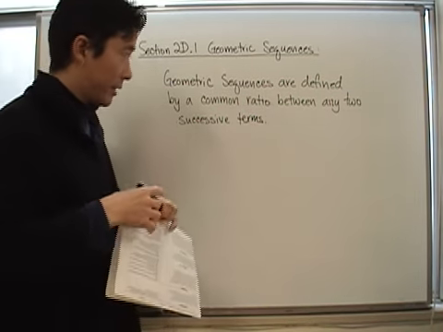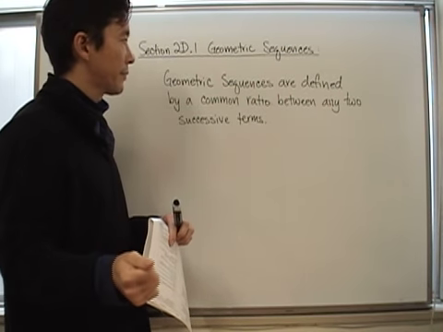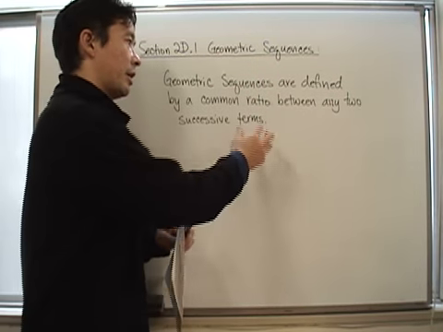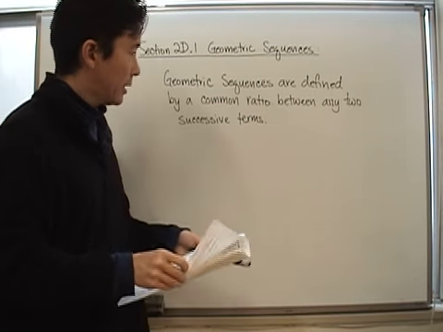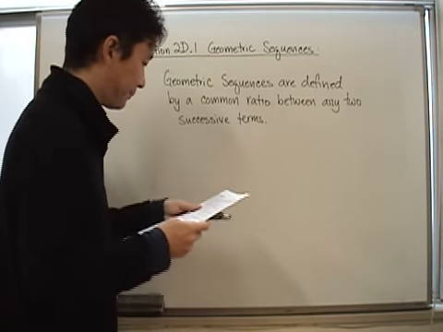Okay, so notice that there's a difference now between the arithmetic sequence and the geometric sequence, because instead of talking about a common difference, we're now talking about a common ratio. So how do we go about making that generalization in a very mathematical way?